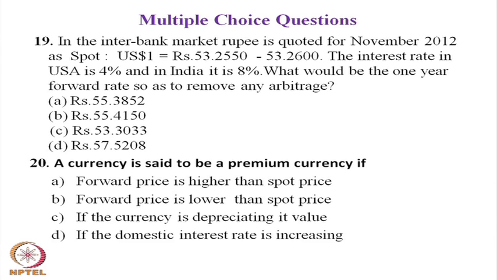The interest rate in USA is 4% and that of in India it is 8%. What would be the 1 year forward rate so as to remove any arbitrage opportunity?